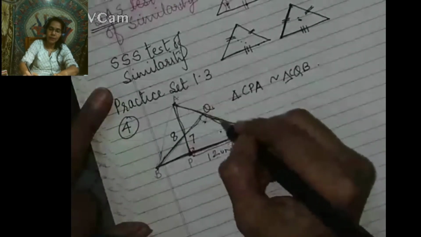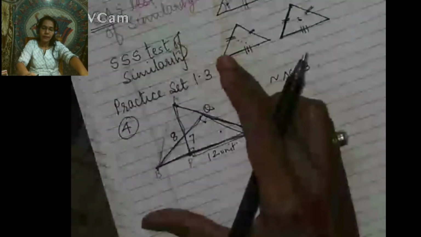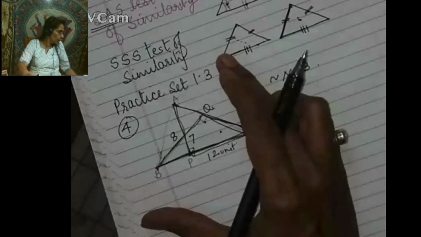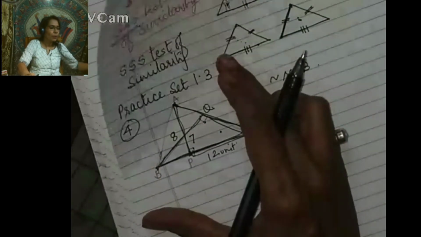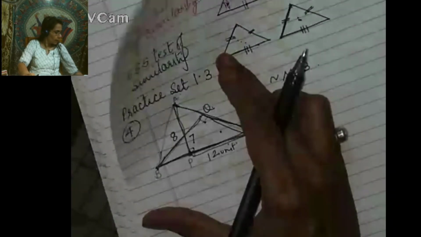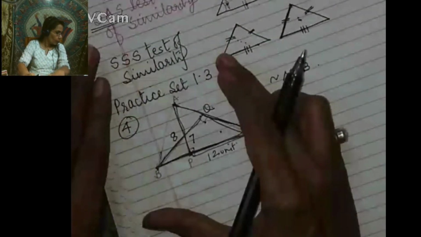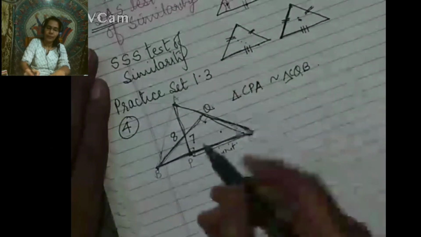We have to find out AC. We can use three different ways to understand the concept. So, let us see which one we are going to apply.